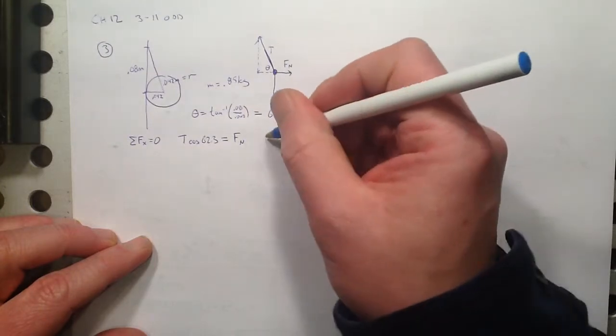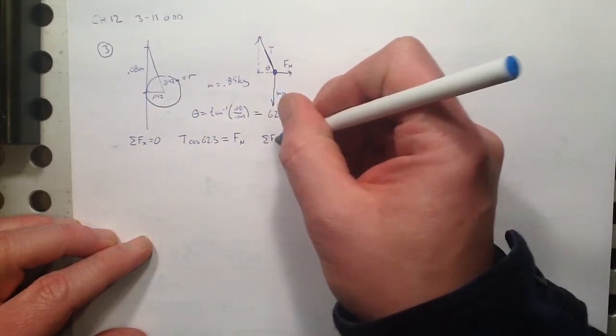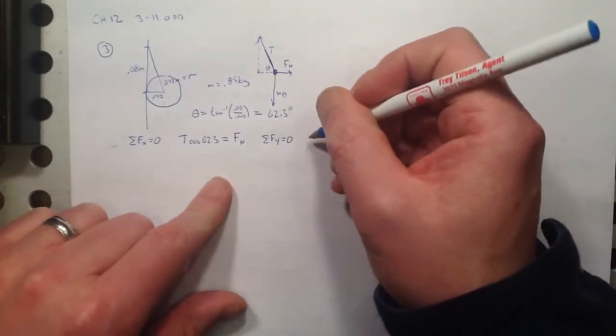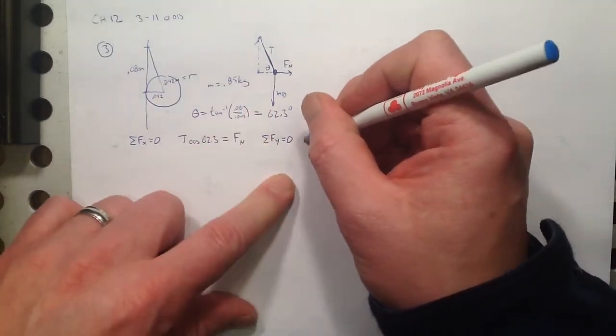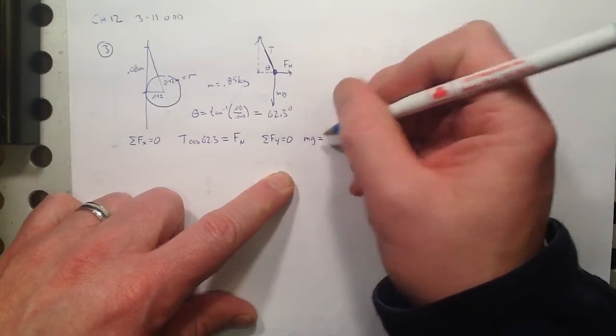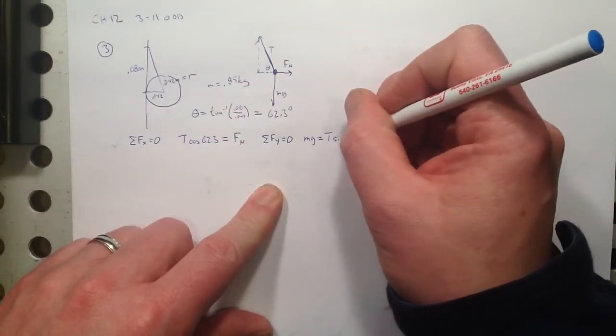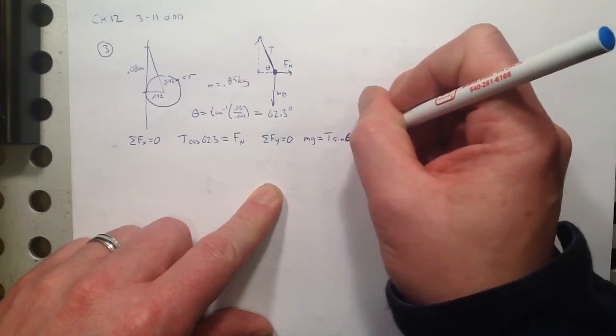And then also the forces in the vertical direction are also balanced because the thing ain't moving. So that means that gravity, mg, must be equal to the sine component of the tension force. And sorry, that's not theta anymore, it's 62.3.